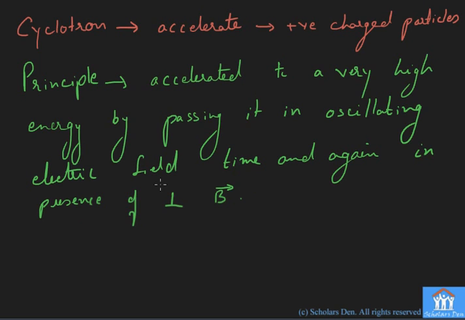So if a charged particle is passed through the oscillating electric field time and again in the presence of a magnetic field, it gets accelerated to very high energy. So this is the principle.